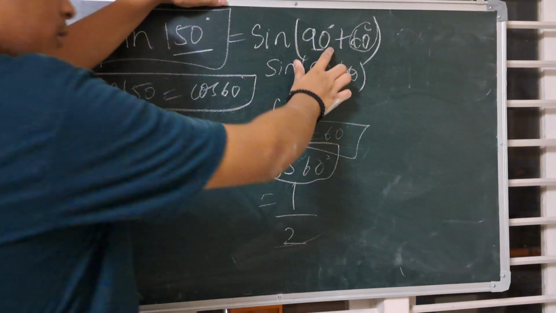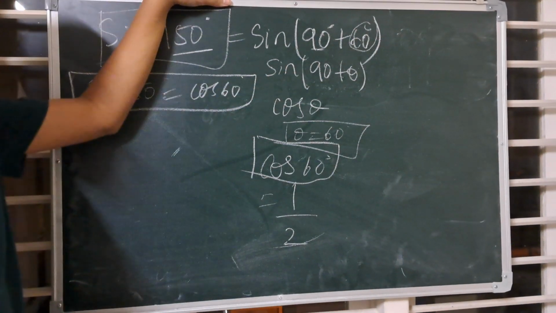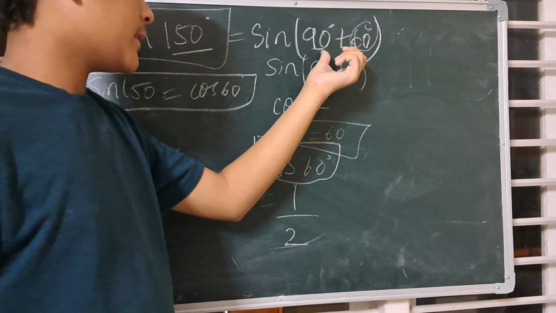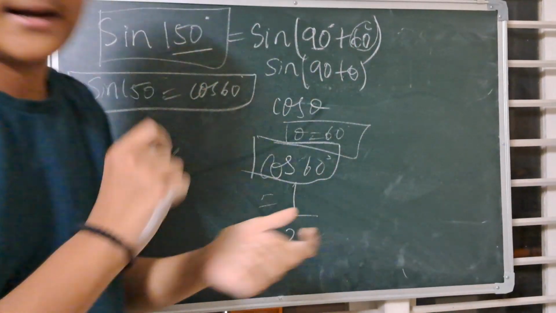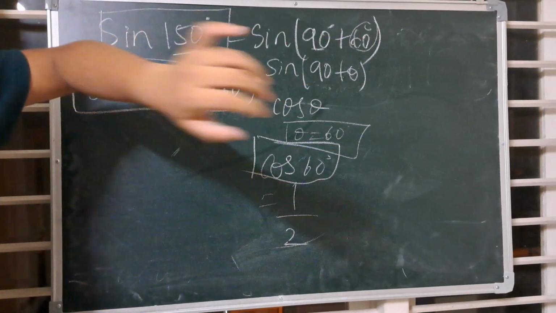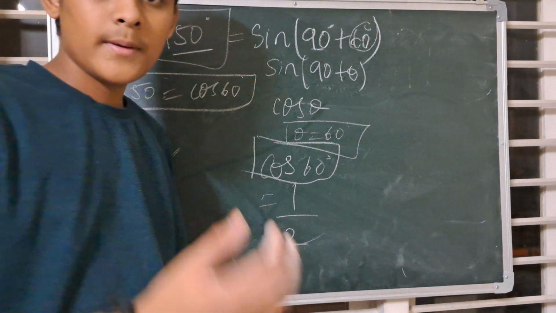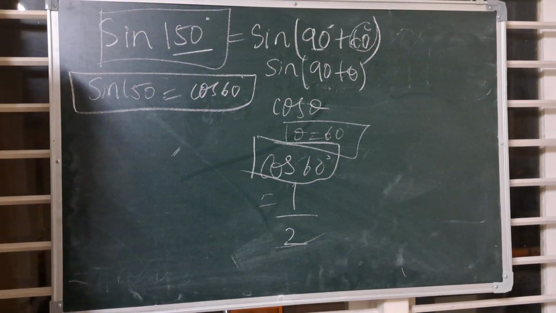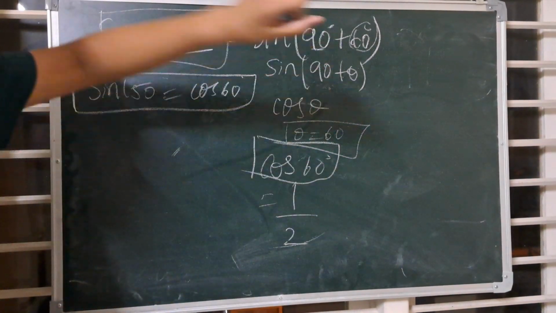Even this can also be written by another method. Why only 90 plus 60? We should take only the standard angles, like 90 and 60, so that we know the value of those standard angles. If we take another angle whose value we don't know, then we can't do this sum.